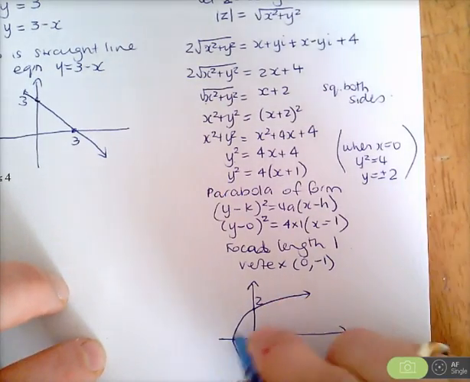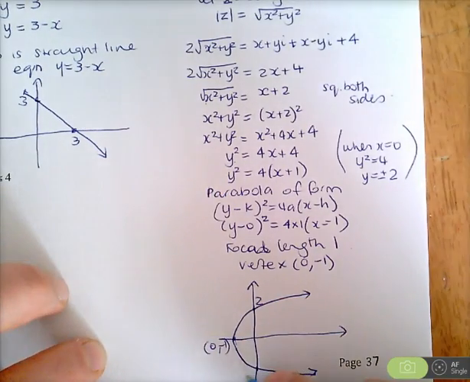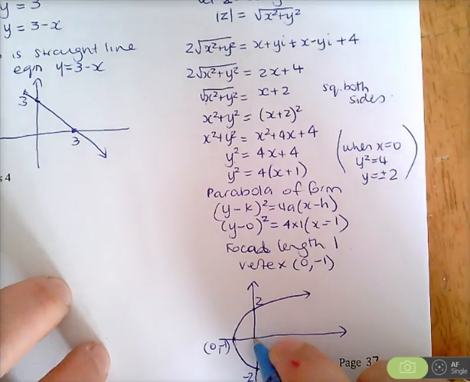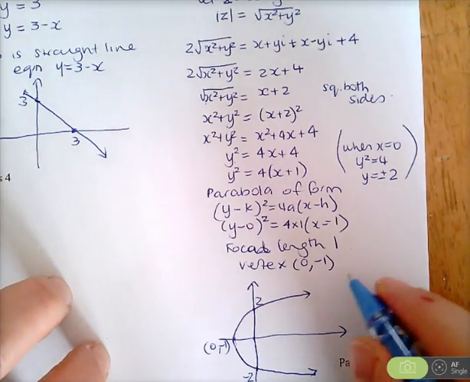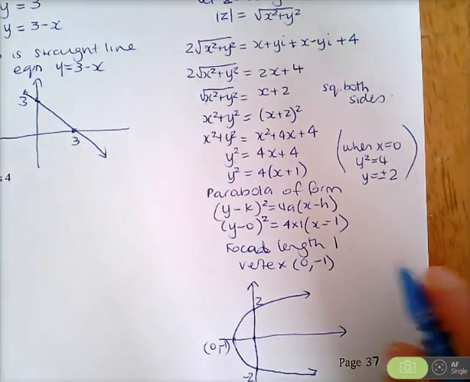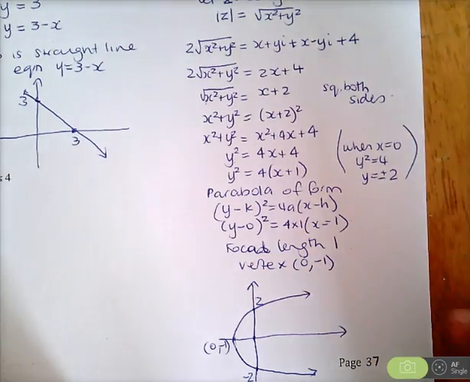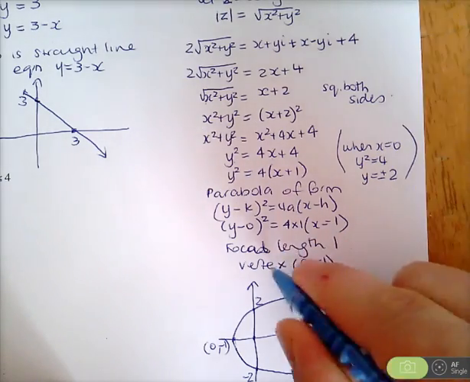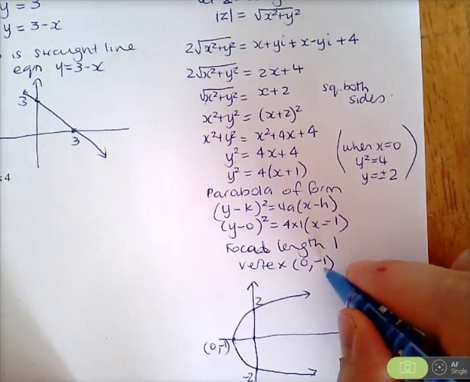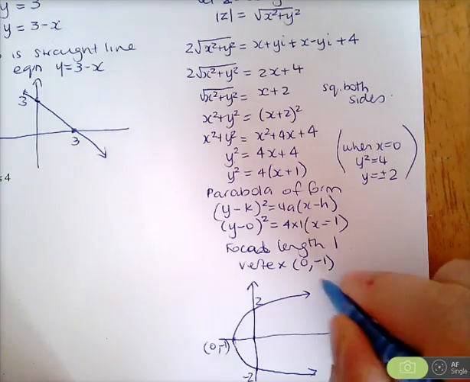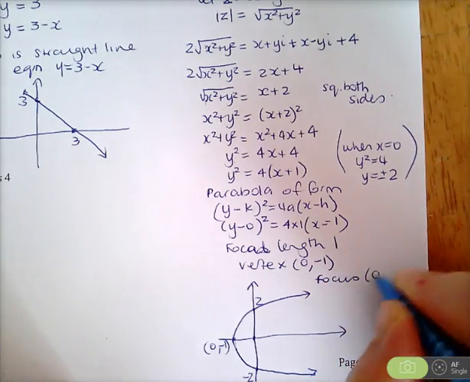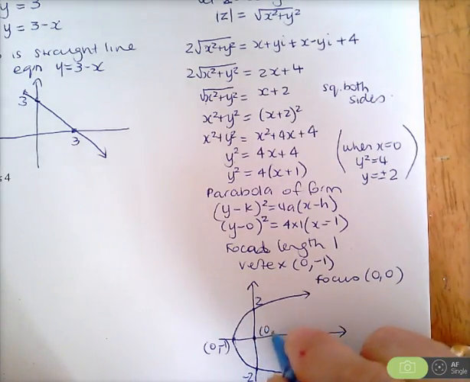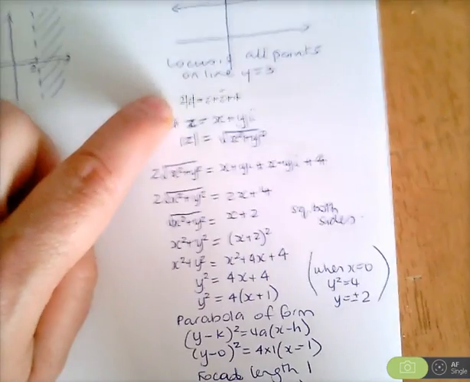Here's our vertex at (0, negative 1), and this is negative 2, and the focus is here at (0, 0). That's where the focus of the parabola is. So the locus of these points is a parabola with focal length 1, vertex (0, negative 1), and focus at (0, 0). Okay, so that is the locus of that.